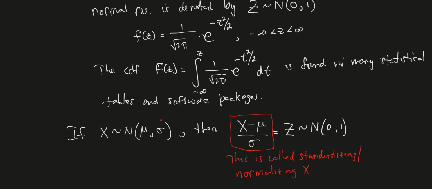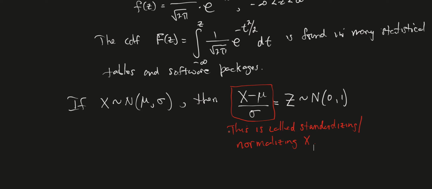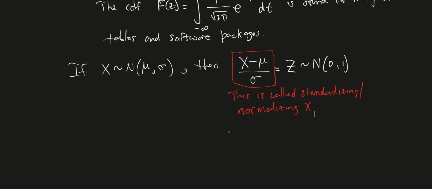Right, so we can convert any normal into a standard normal. Now, just to give you an idea of the key step in this process, we'll end this video, and then in the next video we'll look at this table and do more actual examples of the standardizing process.